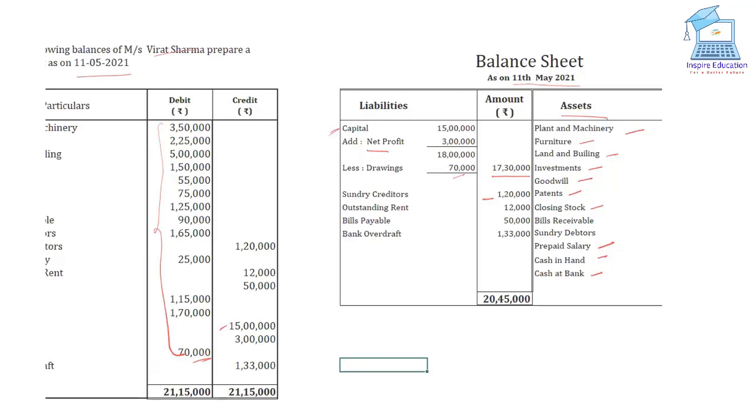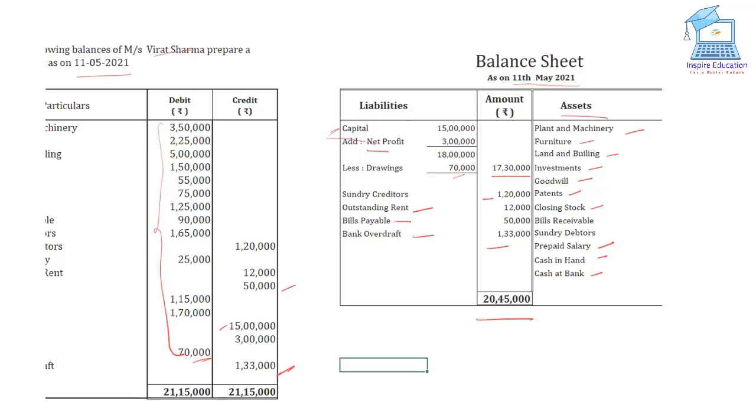Outstanding rent is 12,000. Bills payable 50,000. And the last item is bank overdraft 1,30,000. So altogether, this side is 20,45,000 and the asset side is also 20,45,000. This way a balance sheet is actually prepared.